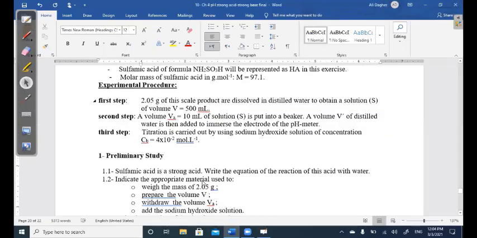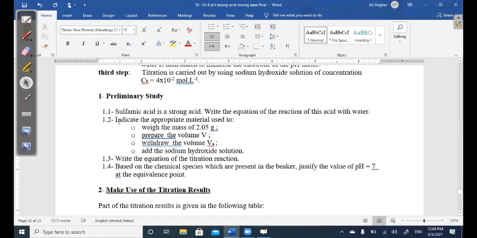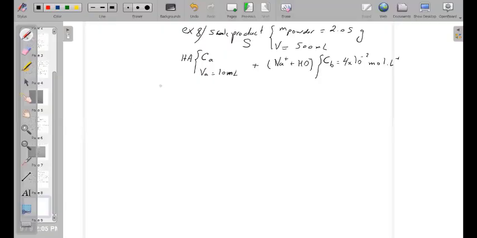Now, preliminary study 1.1. Sulfamic acid is a strong acid. Write the equation of the reaction of this acid with water. Strong acid means its reaction with water is complete.